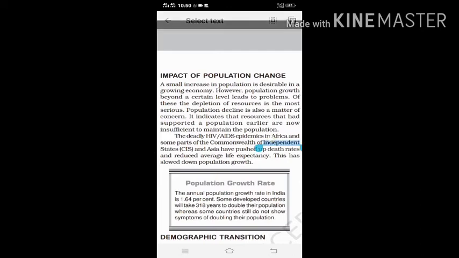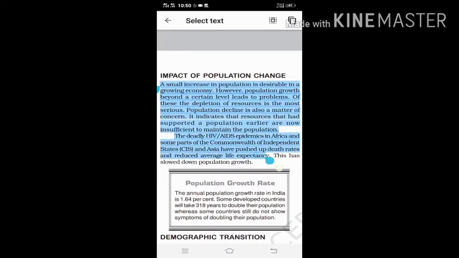As a result, the water supply would be low. So this is the reason why the impact of population change matters to us. So give it a read from here to here, and you will understand this one.